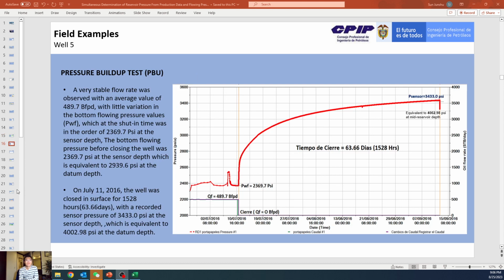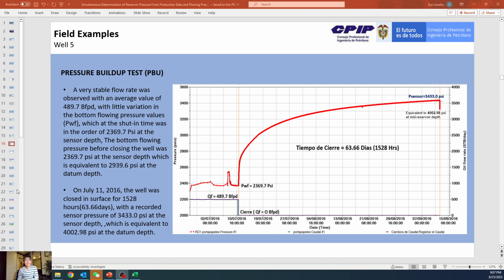Pressure build-up test. A very stable flow rate was observed with an average value of 489.7 barrels per day, with little variation in the bottom flowing pressure values, which at the shut-in time was in the order of 2,369.7 psi at the center depth.